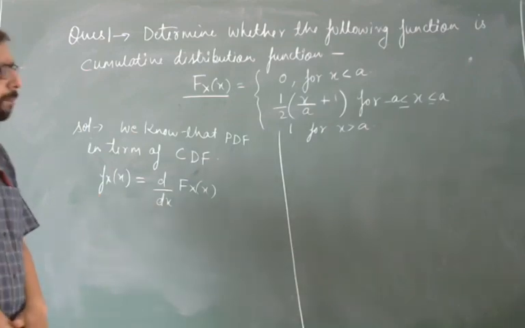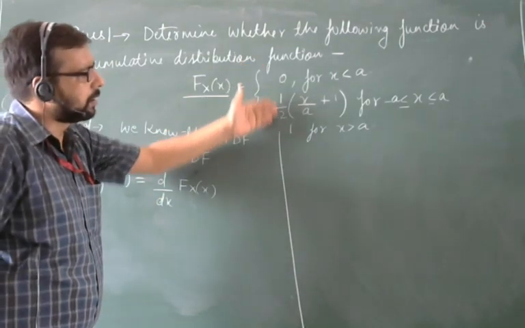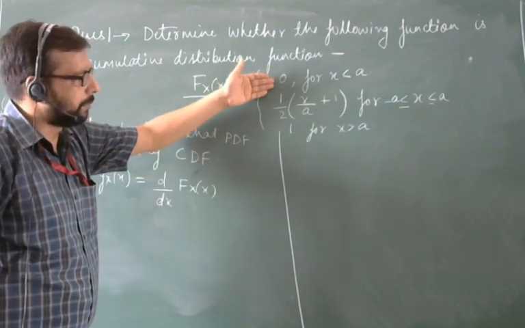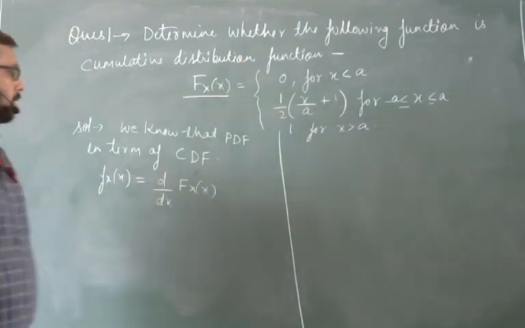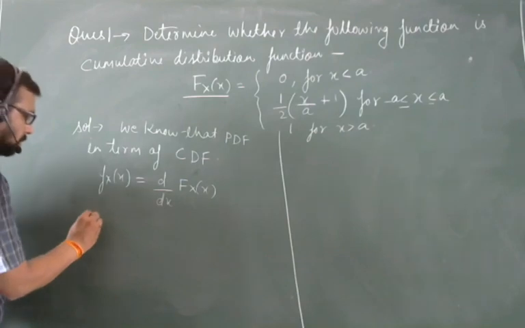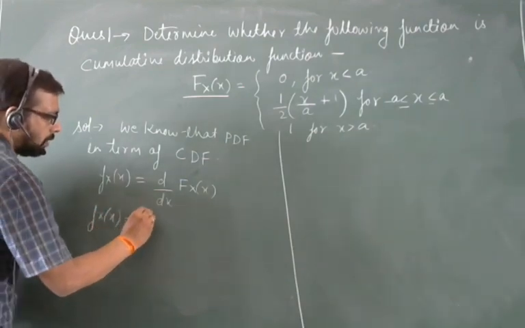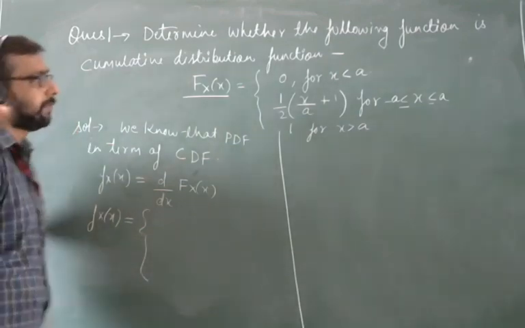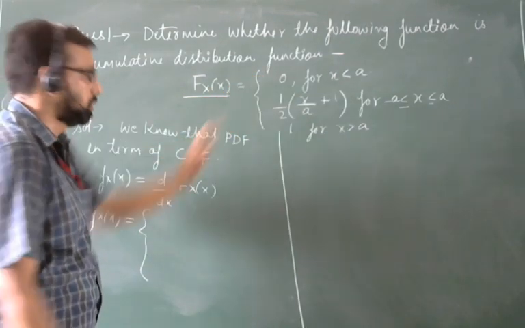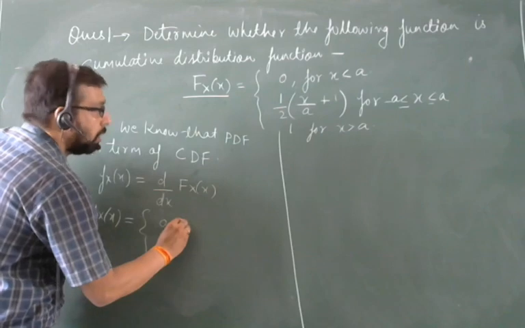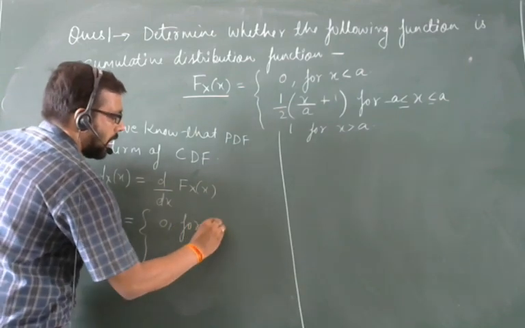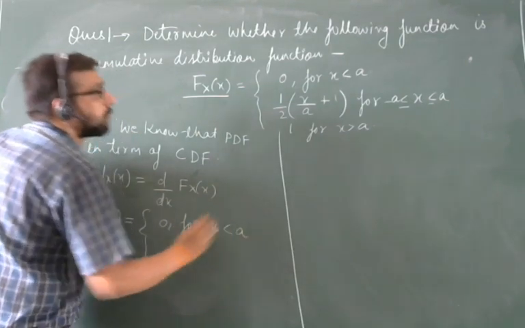Okay, now simply differentiate all the terms here and we get the PDF. Now the PDF f of x is equal to, if you differentiate 0 we get 0, means 0 for x less than a.